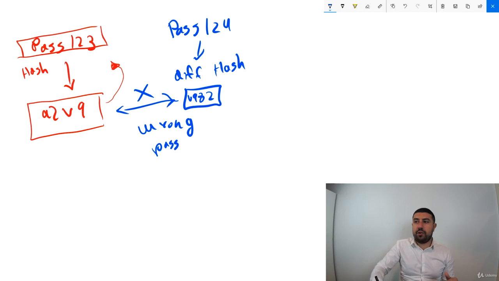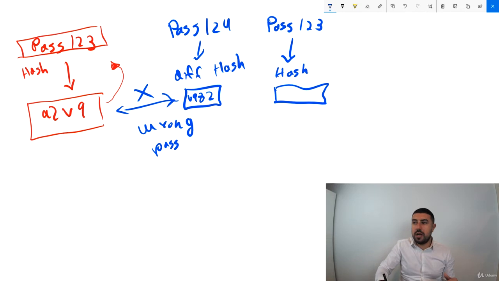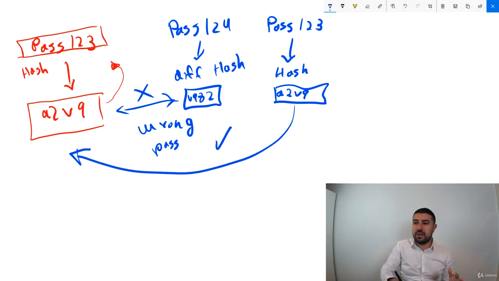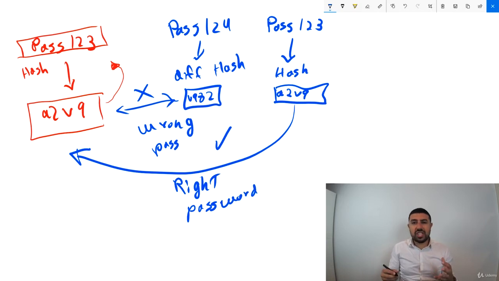Then if you put the right password in, which is pass123, they calculate the hash of that password, and that's going to give the same thing here, because the same input will always give you the same return, right? So then they'll say, oh yeah, that's correct, right password, and then you can log in. So hash functions are used in multiple applications.